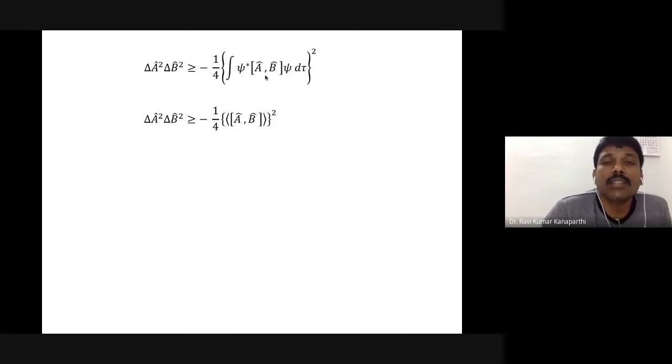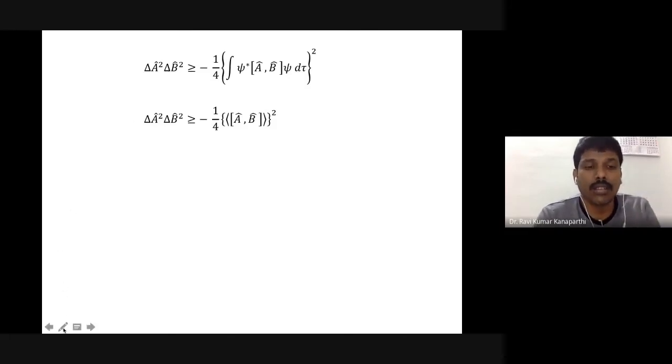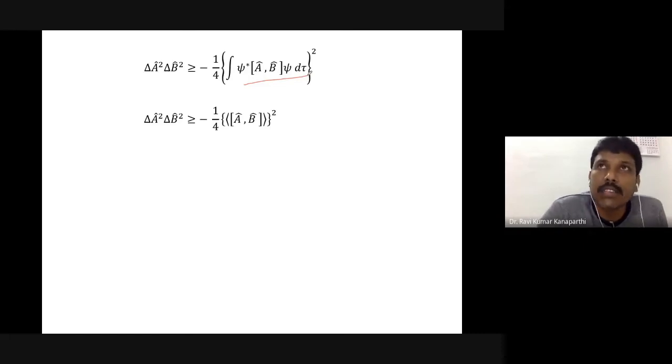Now you can see here, what is our ψ? ψ is our normalized wave function, right? AB minus BA is again an operator. AB is an operator, BA is also an operator, and a linear combination of operators is again an operator.